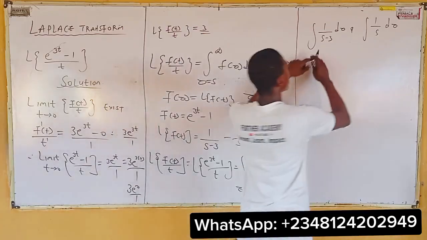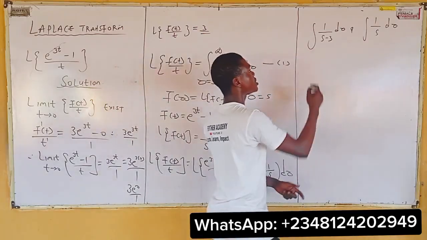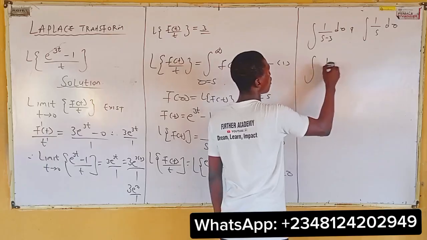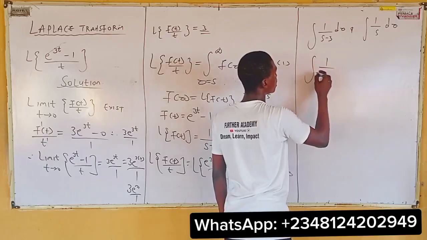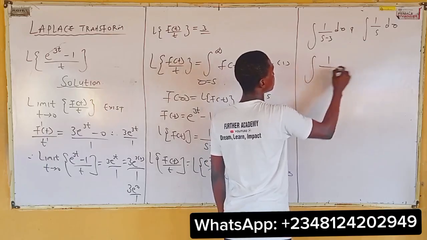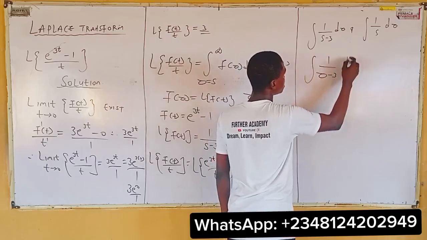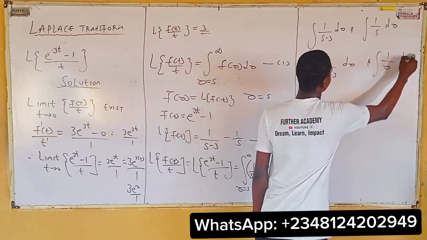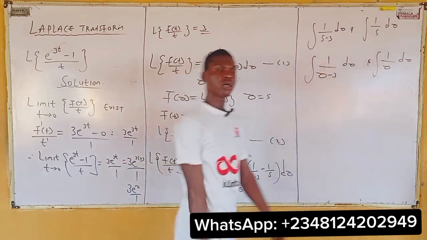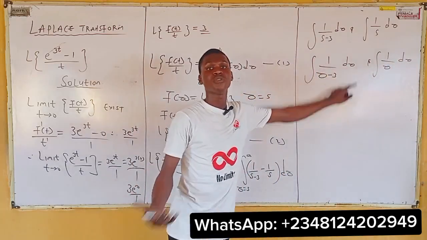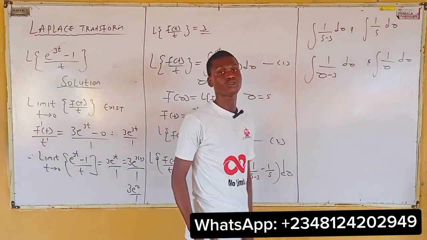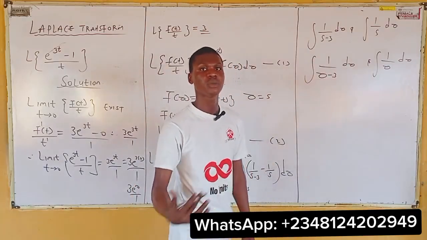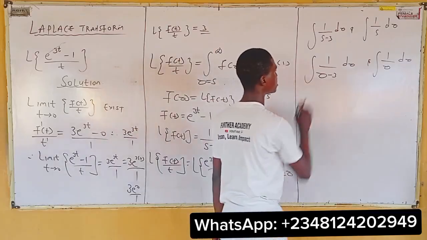So what we have here is the integral of 1 divided by sigma minus 3 d sigma, and the integral of 1 over sigma d sigma. This is called a dummy variable, but in engineering we refer to it as sigma. That's why I'm using sigma often. Moving on, let's integrate this.